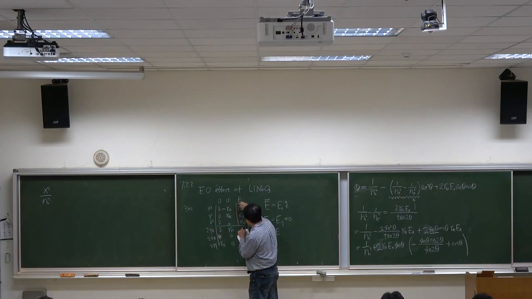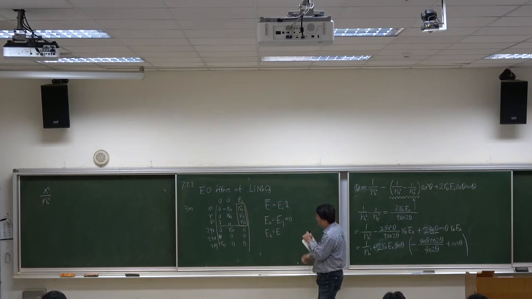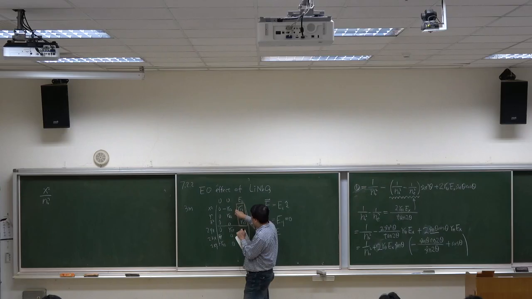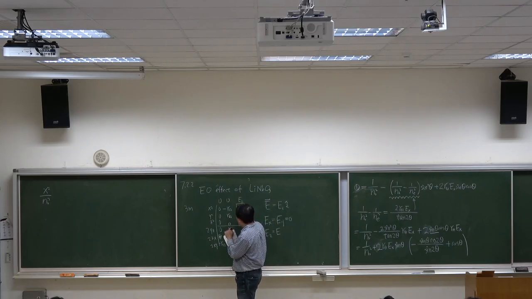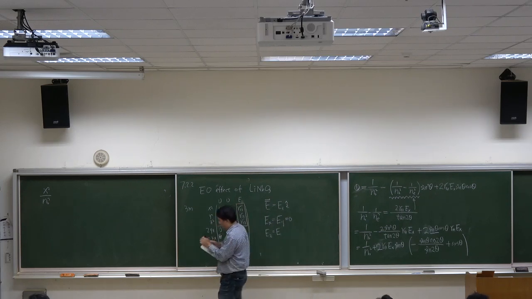So the correction appears here. We have R13E times x squared and R13E times y squared and R33E times z squared.